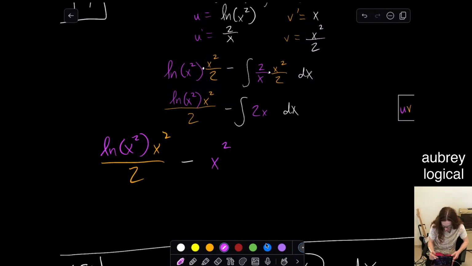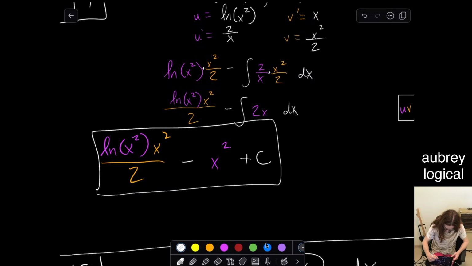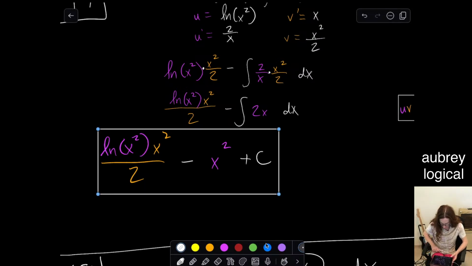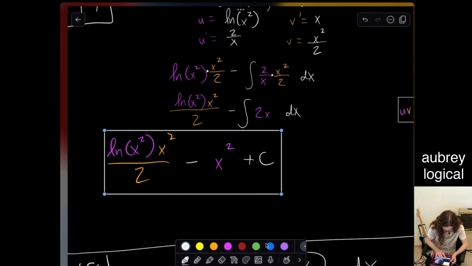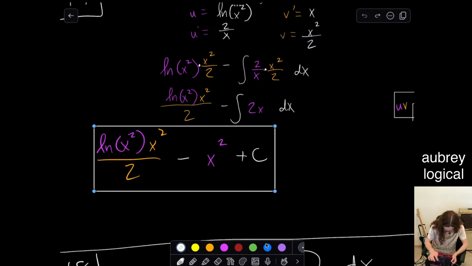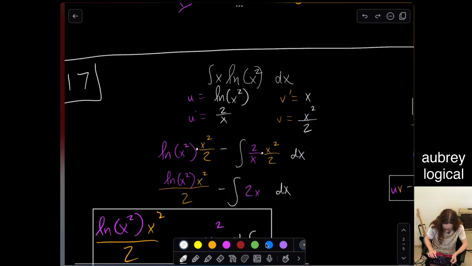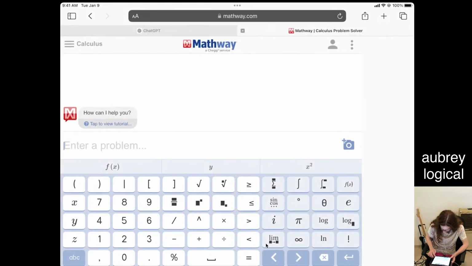It's interesting. I don't know if this is right. Let's check our work real quick. What's our problem again? X times the ln of x squared.